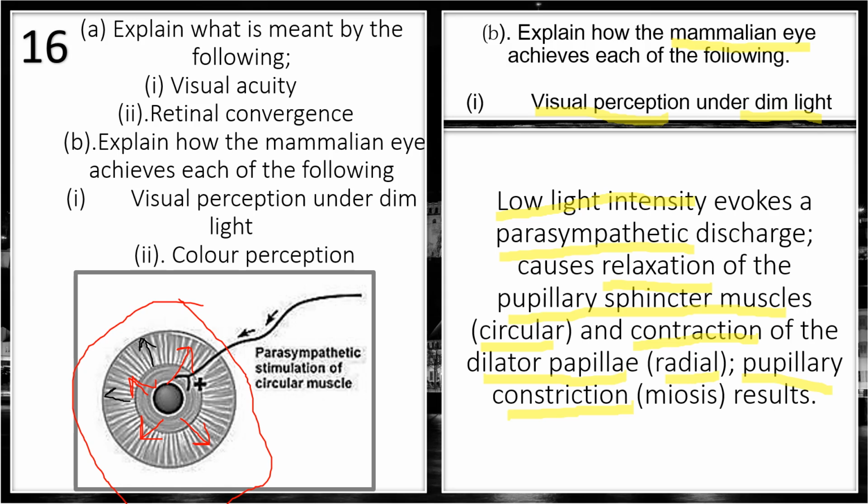When they contract, this gap here, which we call the pupil, is going to become wide. And when it becomes wide, it is going to allow a lot of light to enter into the eye.